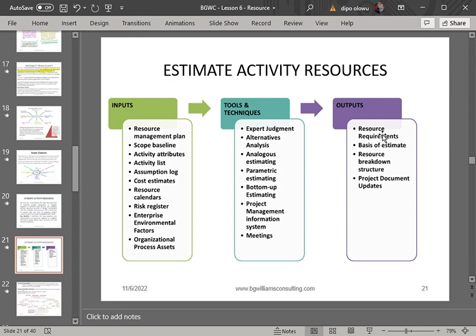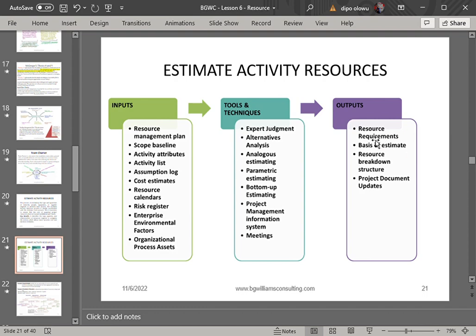So what do we want to achieve when we estimate activity resources? Number one, we want to achieve resource requirements. Which means we will now have a document containing all the requirements of our resources. For activity A, these are all the things we need to perform activity A. For activity B, these are all the resources we need to perform activity B. For activity C, these are all the resources we need.